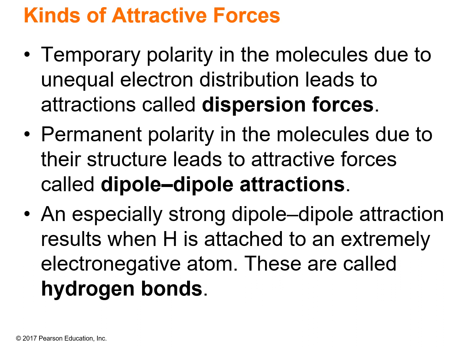And an especially strong dipole-dipole attraction happens when we have a hydrogen attached directly to a very electronegative atom, and these are called hydrogen bonds. The types of electronegative atoms that are found are oxygen, fluorine, or nitrogen. So when hydrogen is directly attached to those, we can form hydrogen bonds.